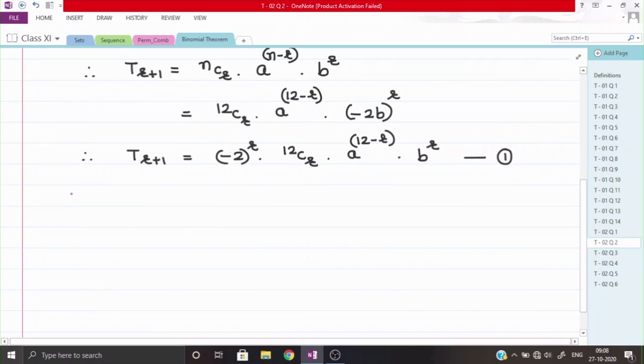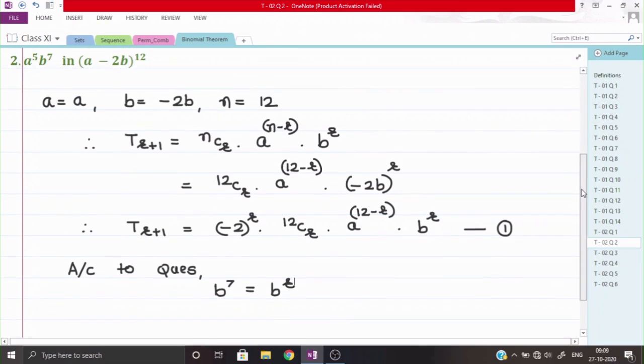According to the question, we shall take b to the power 7 equal to b to the power r. See, b to the power 7 is given.